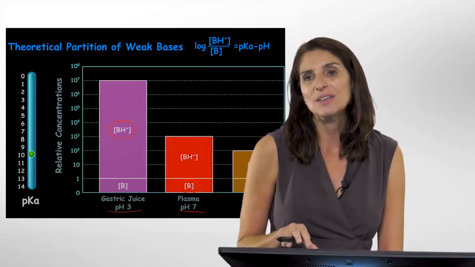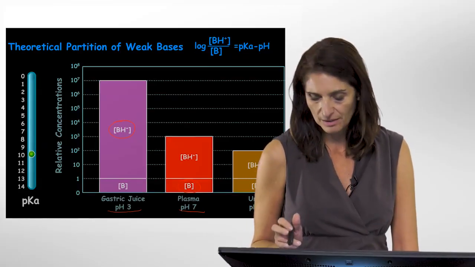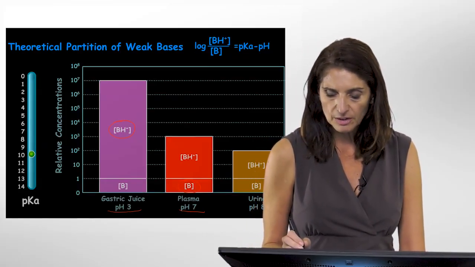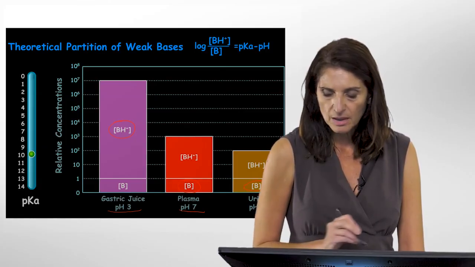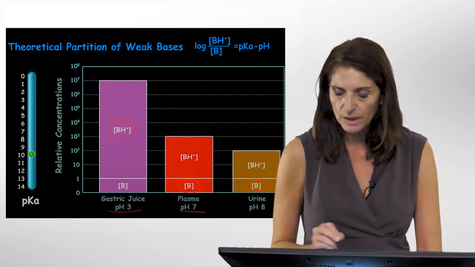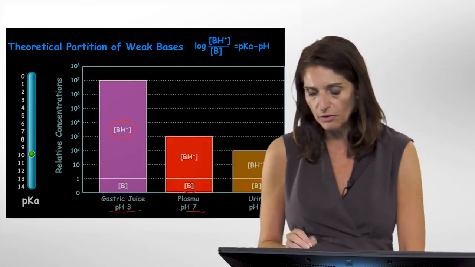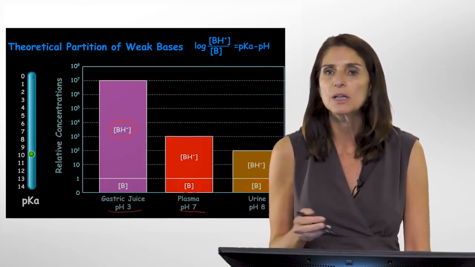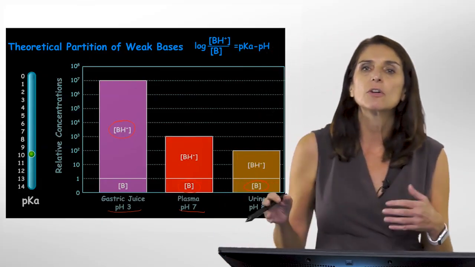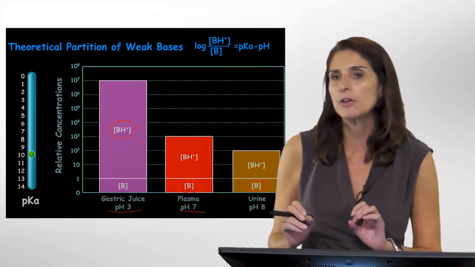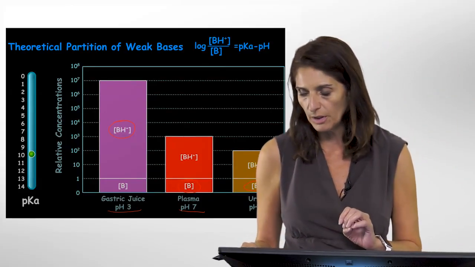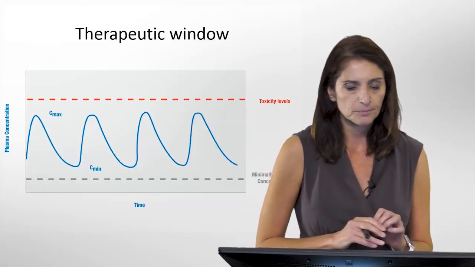However, once the drug makes it to the urine compartment, we'll see that, in this case, we'll have 1/100 for the concentration of drug that can be distributed. And so elimination of weak bases tends to be more difficult than elimination of weak acids.